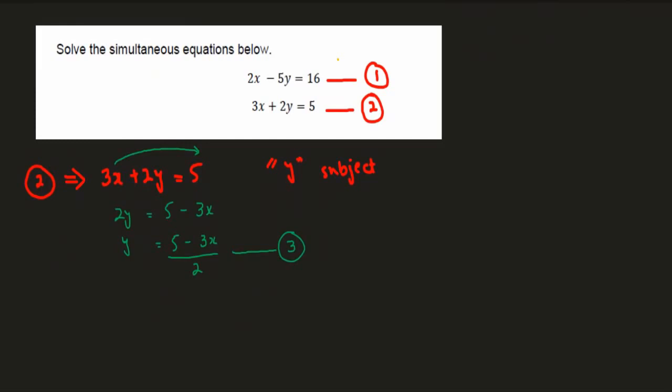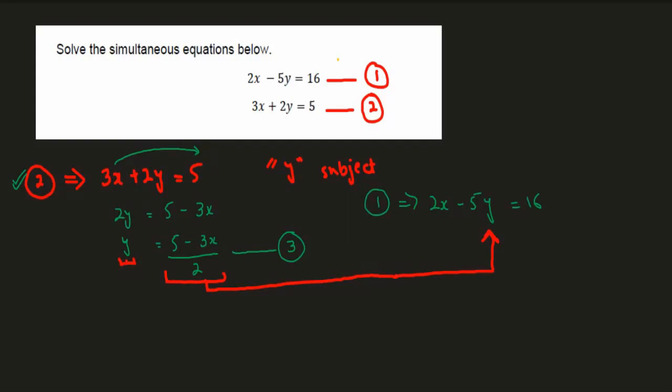Now I used equation number 2 here, so now I have to use equation number 1. Equation number 1 was 2x minus 5y is equal to 16. So I have to substitute this value of y right here.